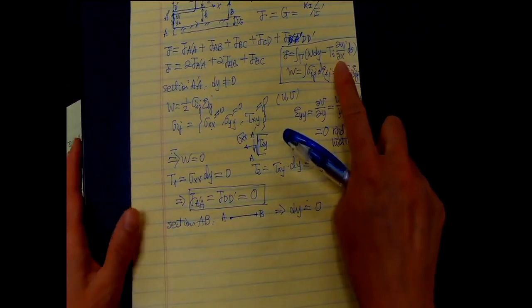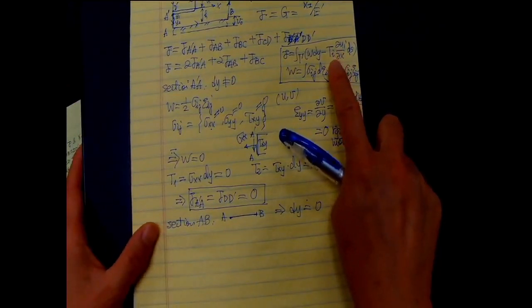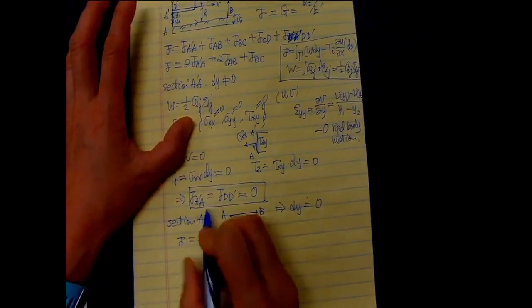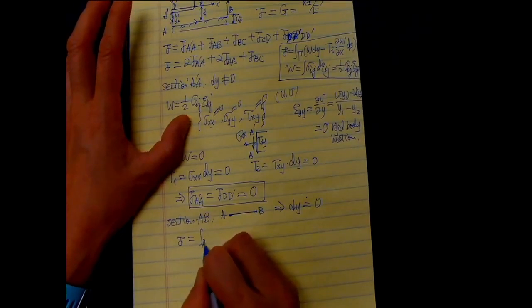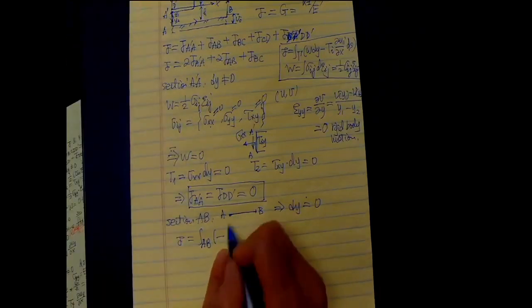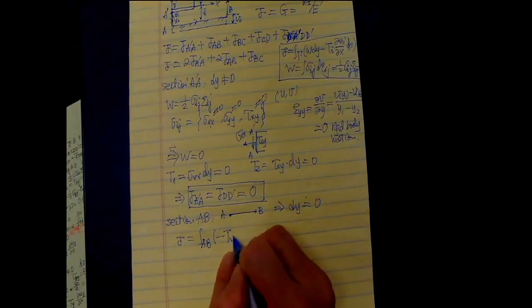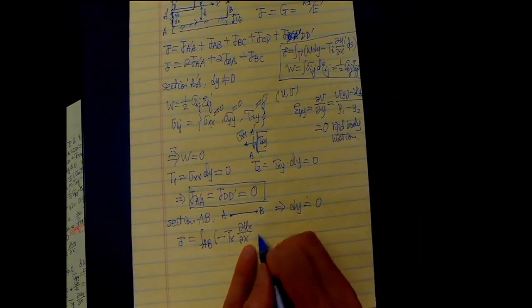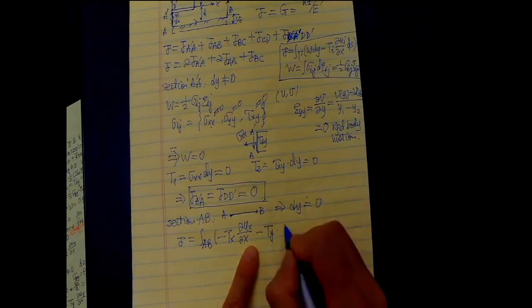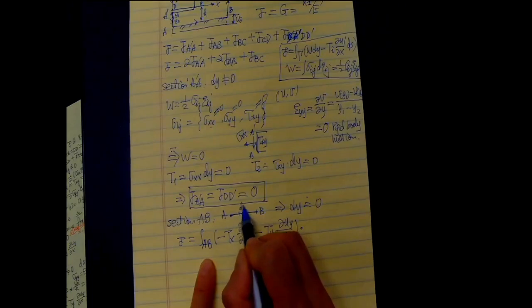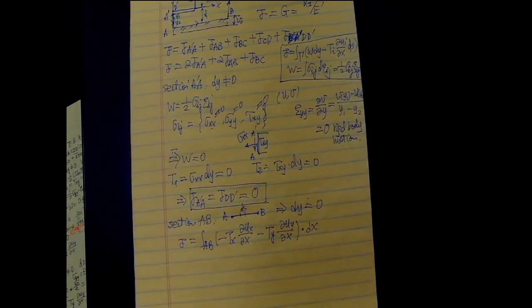The second one is what I'm worried about. So I have the integral over AB. First term goes to 0. The second one is my T1, so I will call it Tx dux over dx minus Ty dy over dx times ds, which is the same as dx.